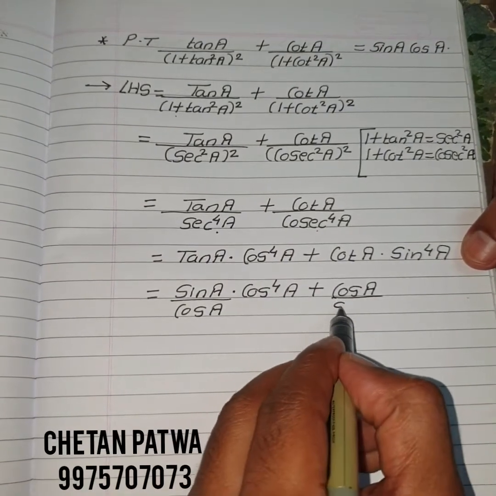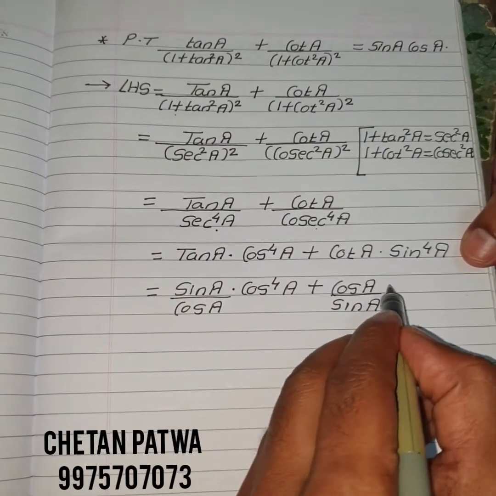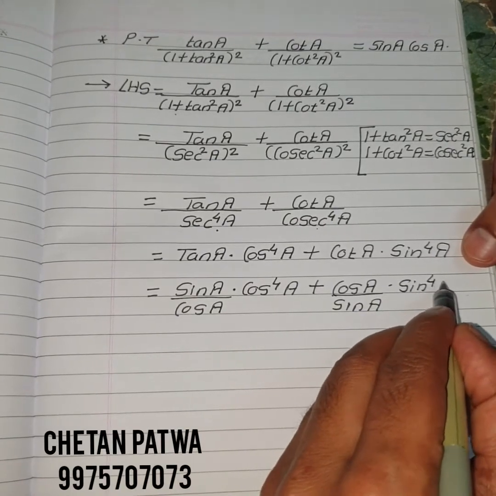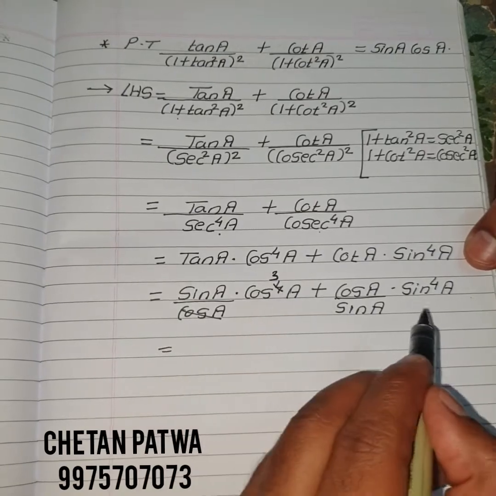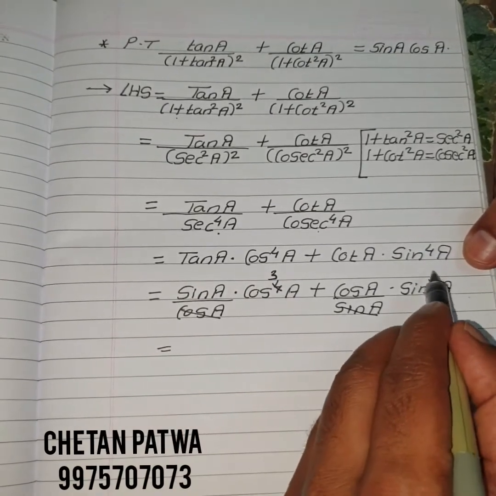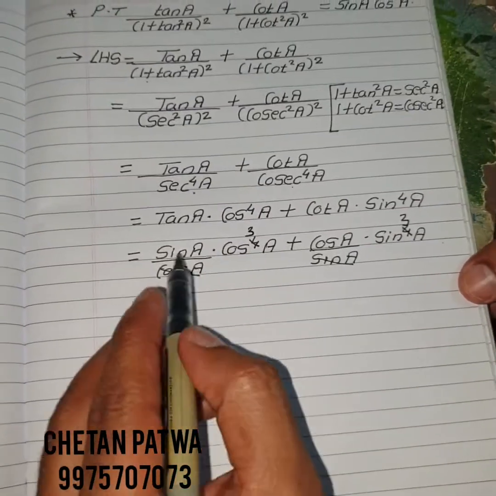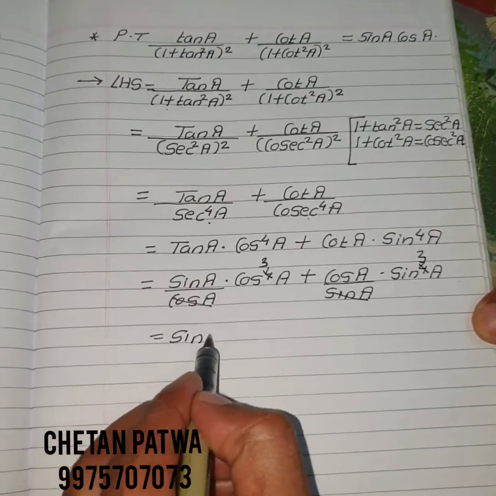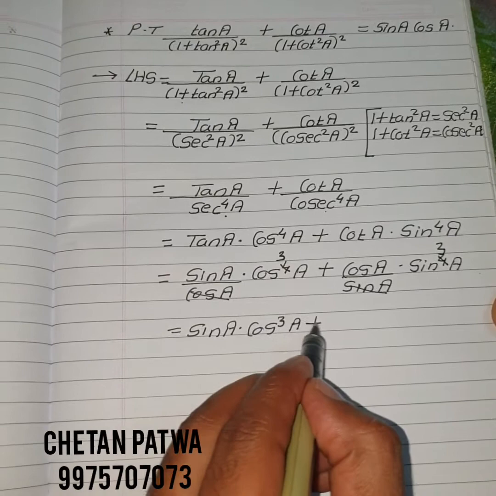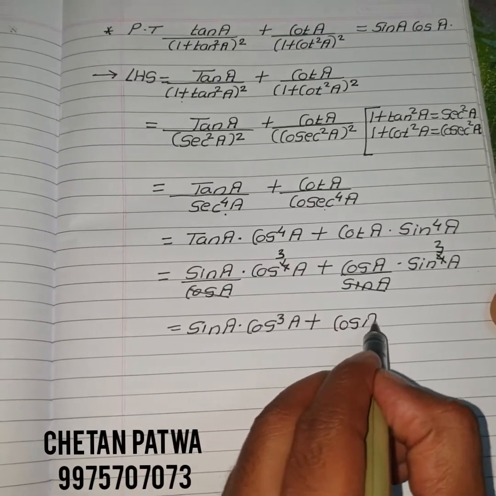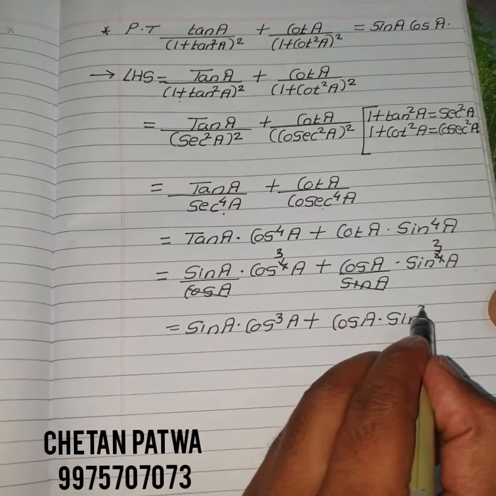Cos a upon sin a multiplied by sin raised to 4a. Now one cos will get cancelled. So how many cos will remain? 3. One sin will get cancelled. Again how many sin will remain? 3. So what is remaining? Sin a into cos cube a plus cos a into sin cube a.